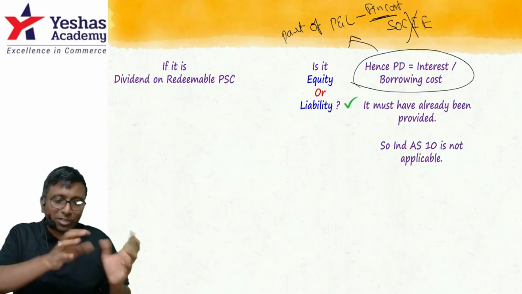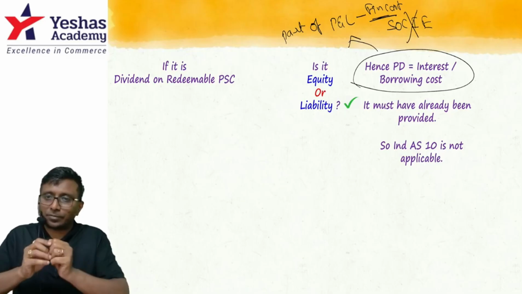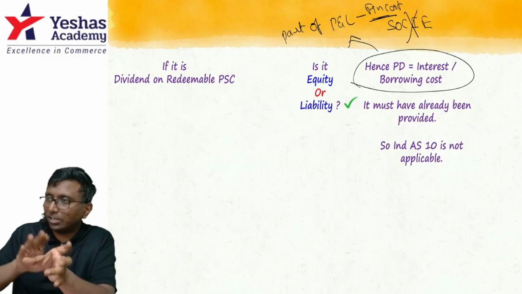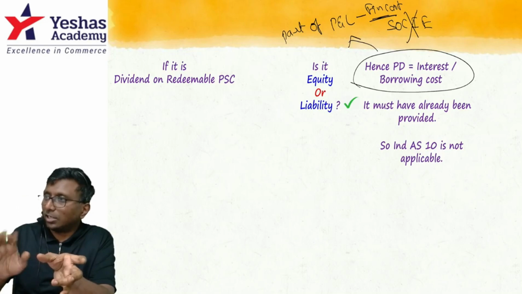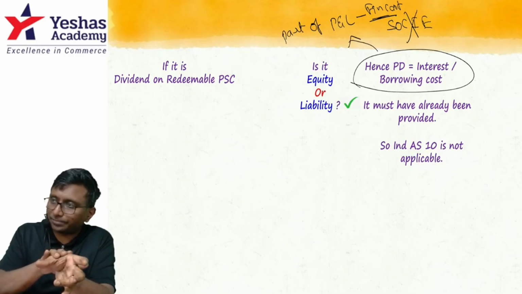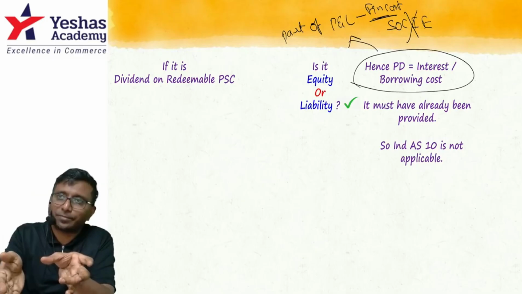See, what if it is cumulative preference share capital or non-cumulative preference share capital? Listen, there is no exact meaning for cumulative and non-cumulative. End of the day, what is there in the agreement? Whatever assumption you want, take. Cumulative means I don't pay in the current year, but I have to pay in the next year.